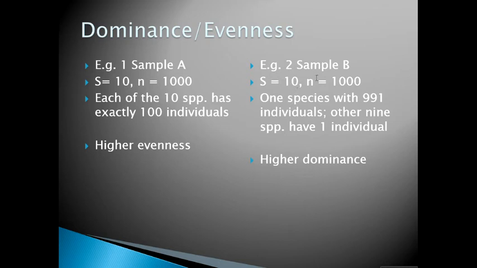This one we would say has a higher dominance, which is the case for a lot of communities that are either brand new, or they've suffered a severe disturbance, or they are affected by pollution or some other negative effect. And a lot of longer aged or mature communities tend to have a higher evenness, although these are not always the case.